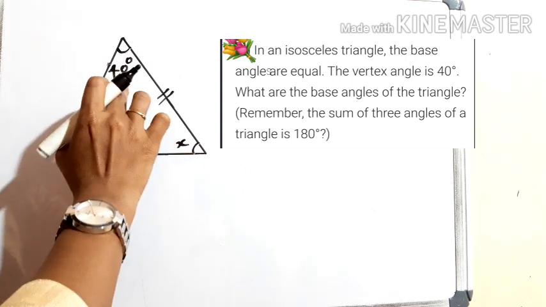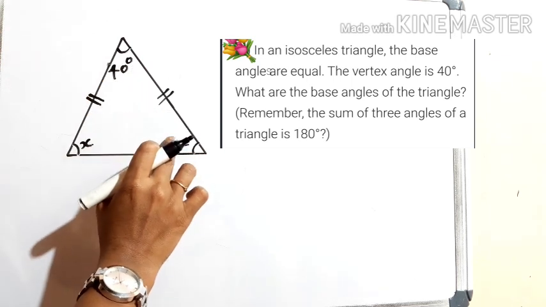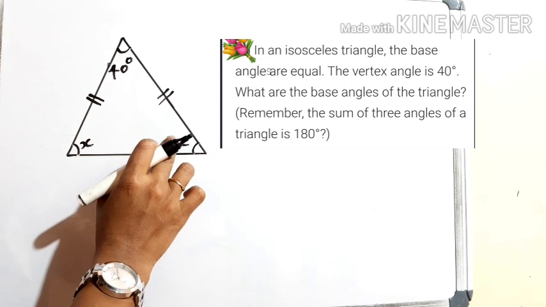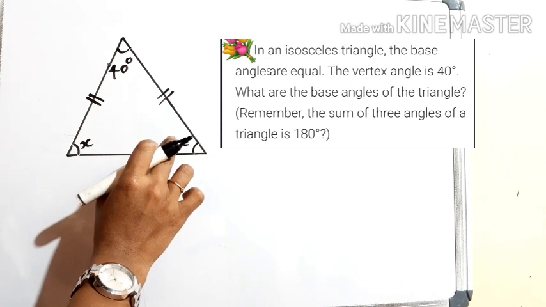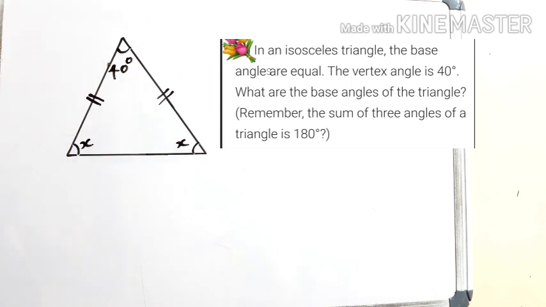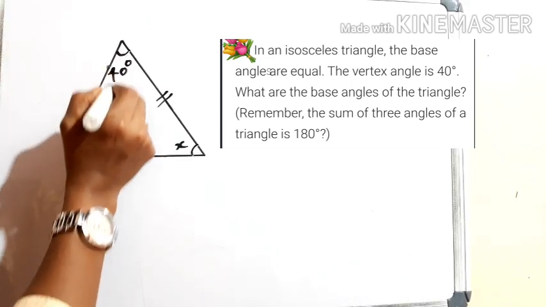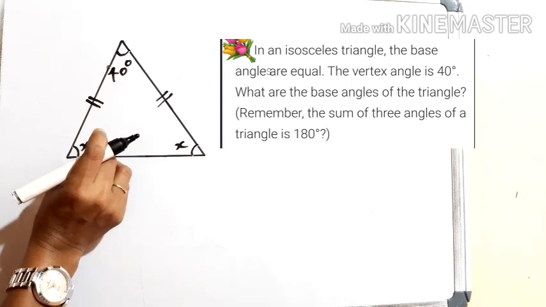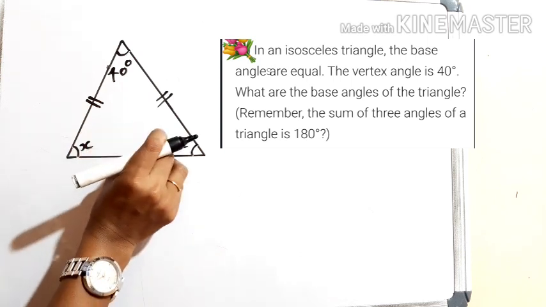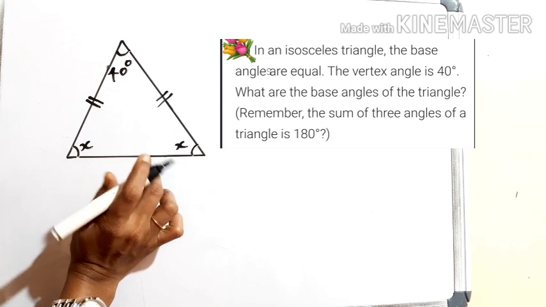The sum of these 3 angles is always 180 degree. Angle sum property of a triangle you have learned, right? Listen carefully, children. To get the value of these two x, we have to form an equation.